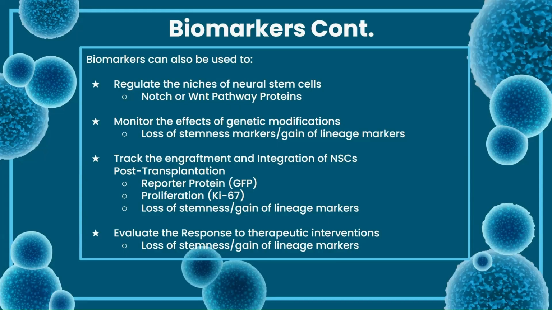So it's still being a stem cell. It still has all of those stem cell characteristics. In order to make sure that the transplant was successful, you can then look for the loss of stemness and gain of lineage markers. Biomarkers can also be used to evaluate the response to therapeutic interventions. Once again, we're looking for that loss of stemness and commitment to a cell lineage.